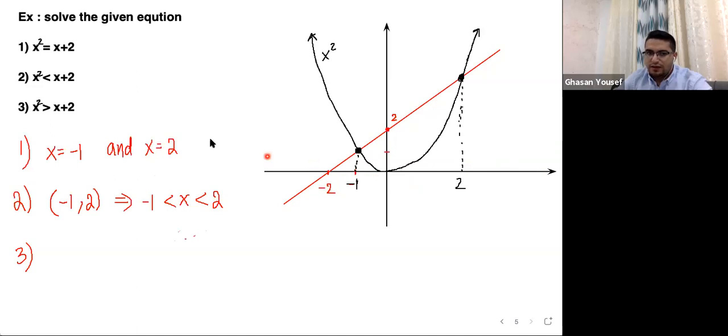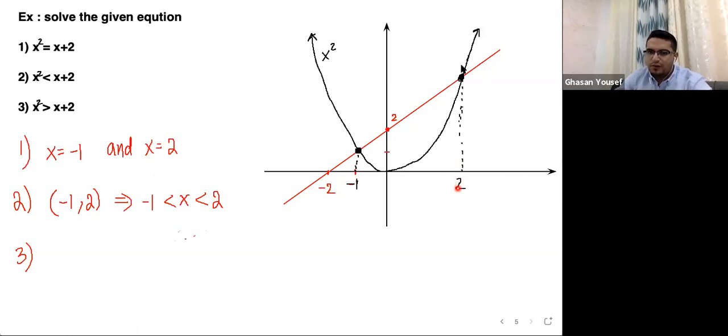So again, the question here, number 3: when the parabola x squared will be greater than, meaning above, x plus 2, above the second curve. All points less than -1, the parabola, the black one, is above the red one. And the same thing on this side.